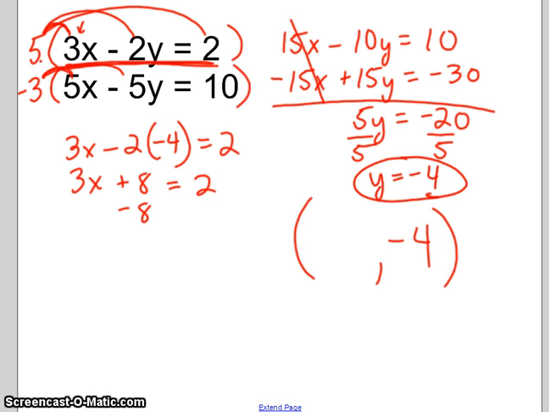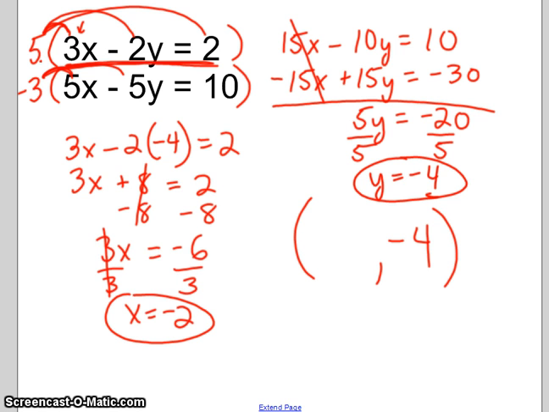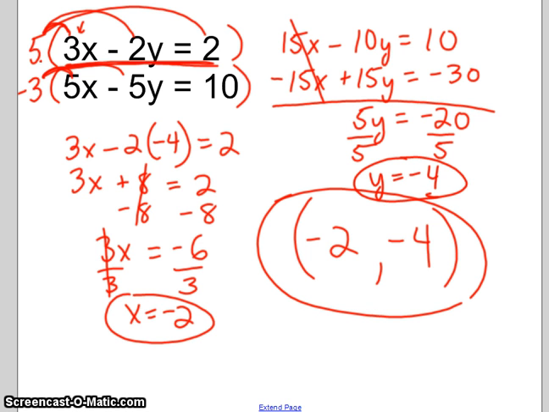So we're going to minus 8, oh no, I'm sorry, I tricked myself. 2 minus 8 is negative 6. Divide by 3, divide by 3, and we get x equals negative 2. See, I knew I wanted to do that to you guys. I want to give you a decimal. Alright, so we got our final answer, negative 2, negative 4.